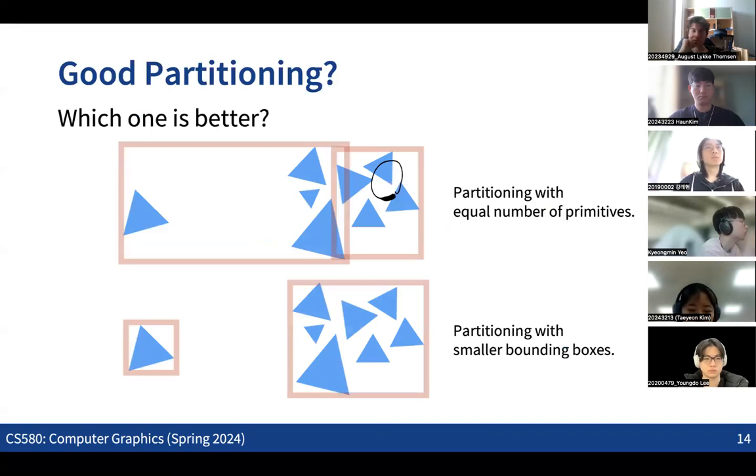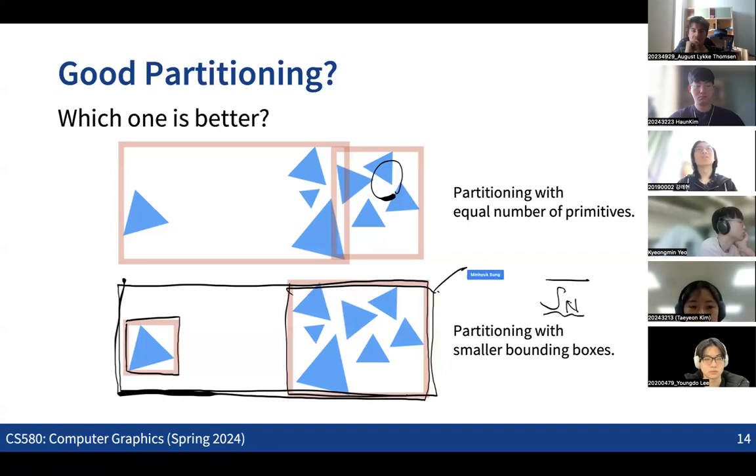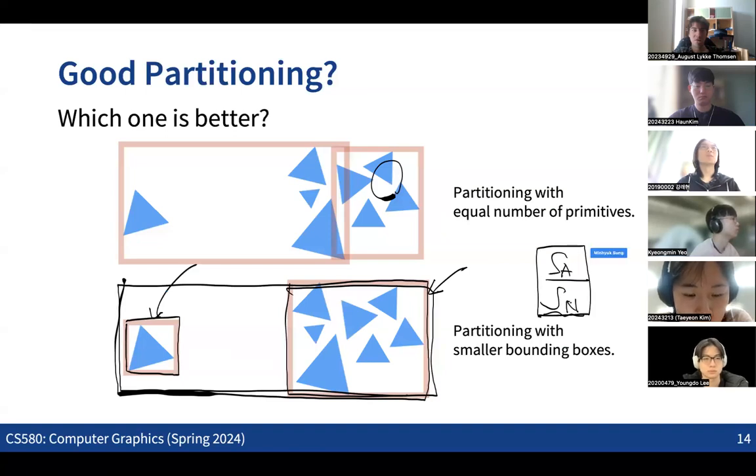When we have these cases, we have the bounding box of the parent node, and we also have the bounding boxes of the subtrees, right? For each of these bounding boxes, we can measure the surface area. So when Sn is the surface area of the bounding box of the parent node, and Sa is the surface area of the bounding box of one of the subtrees, subtree A, we use this ratio as how likely the ray will hit this bounding box when the ray comes into the bigger bounding box.